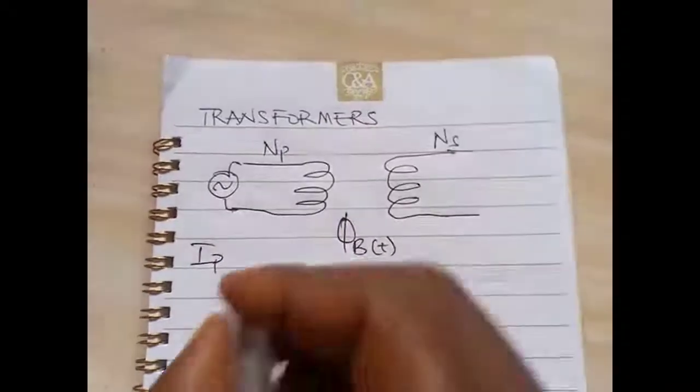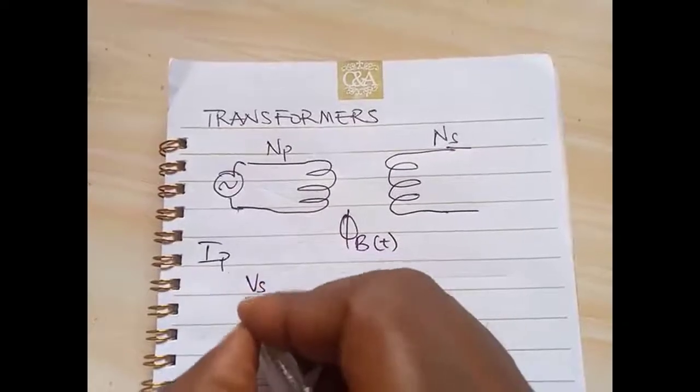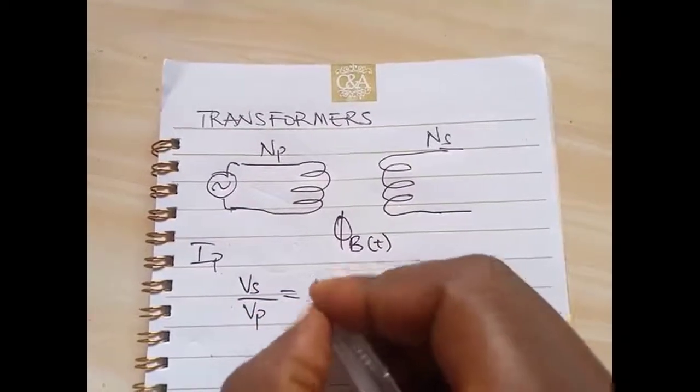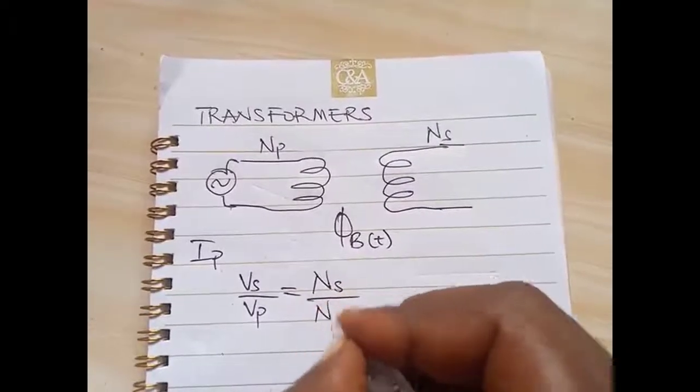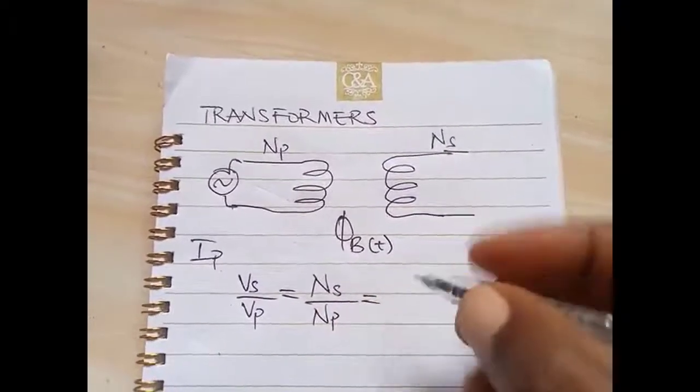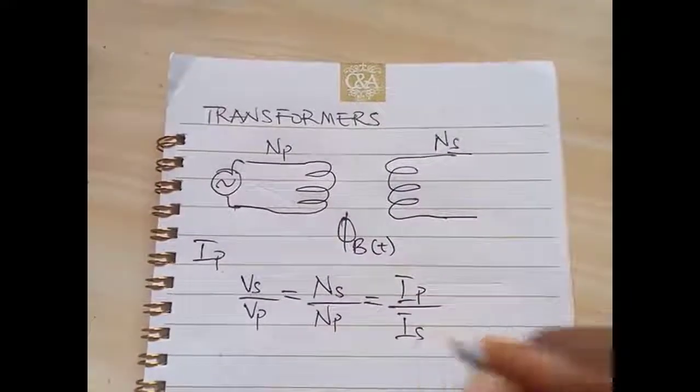So we have a relationship that says the secondary voltage over primary voltage is equal to secondary turns over primary turns, equal to the inverse, primary current over secondary current.